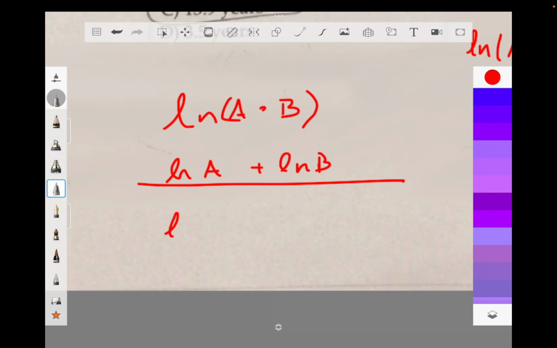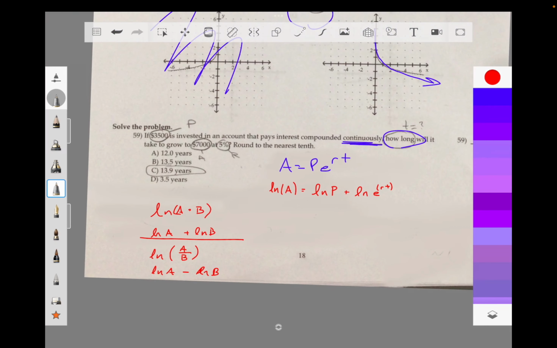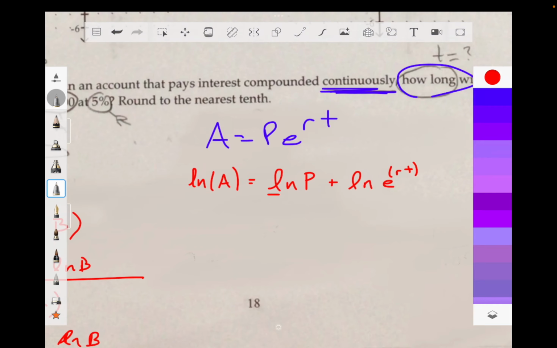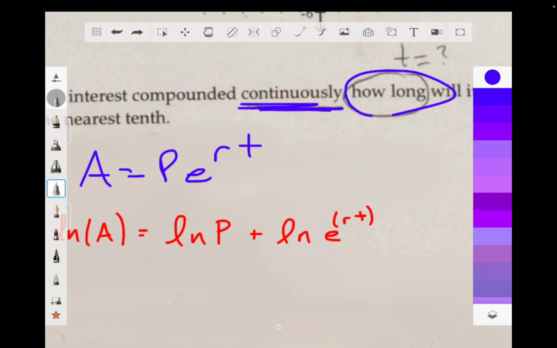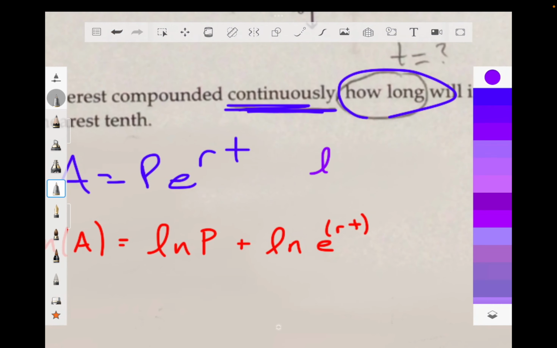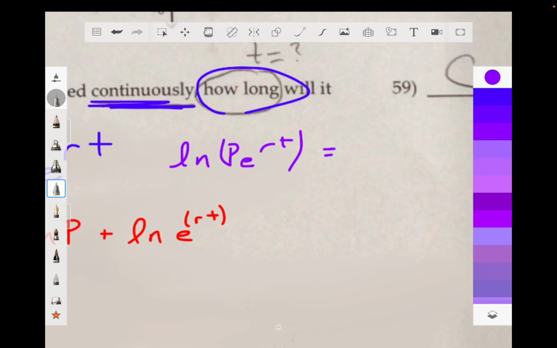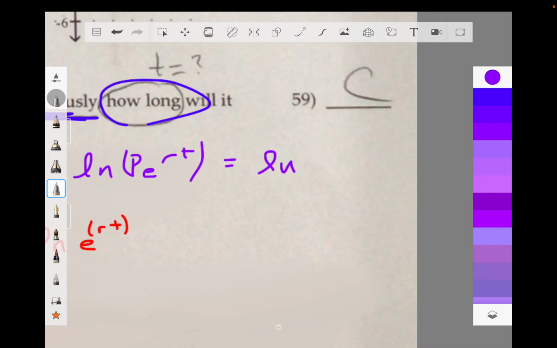Same thing if I had natural log of A over B, this would equal natural log A minus natural log B. That's why I write it in this format, because, let me do purple, natural log of P e to the rt. P and e are being multiplied together, so you can rewrite this as natural log P plus natural log e to the rt.